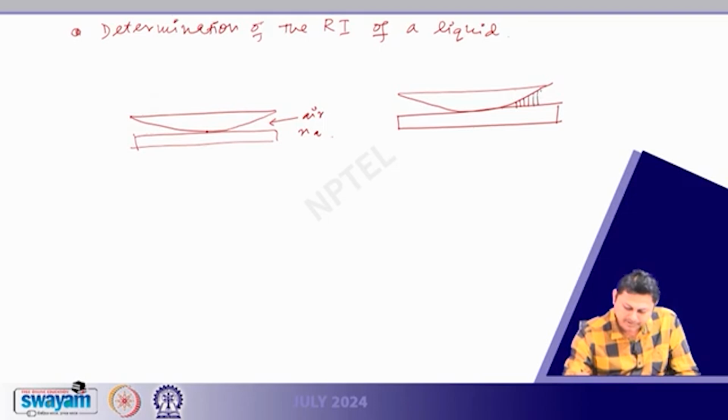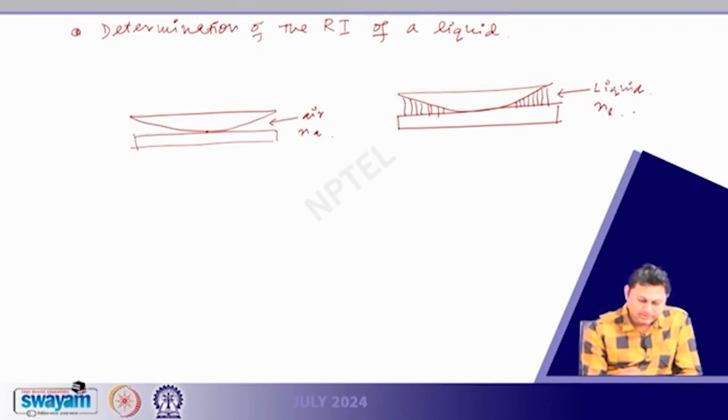So this is now liquid with some refractive index, say NL. Now this is case 1 and this is case 2.